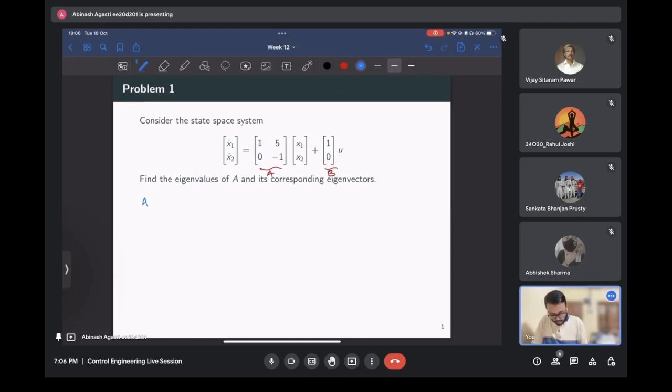Okay, so basically, if we have something like this, then lambda is called the eigenvalue, and the x that satisfy these things, they are called the eigenvectors.